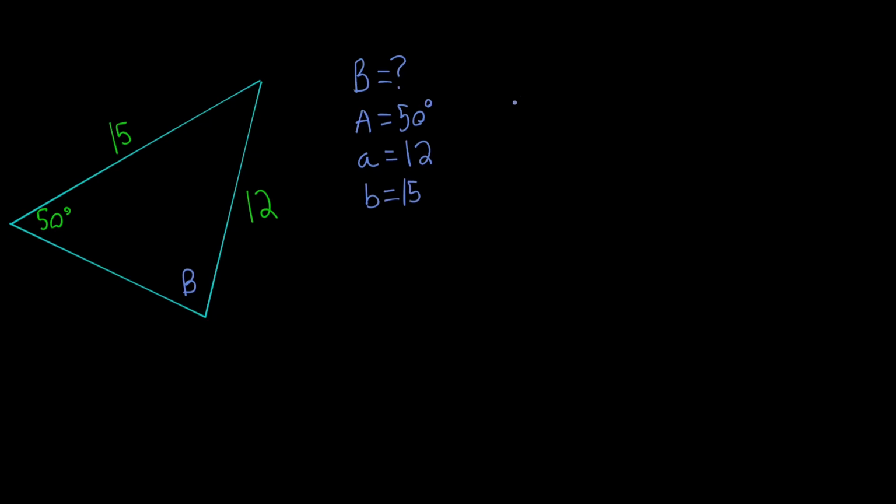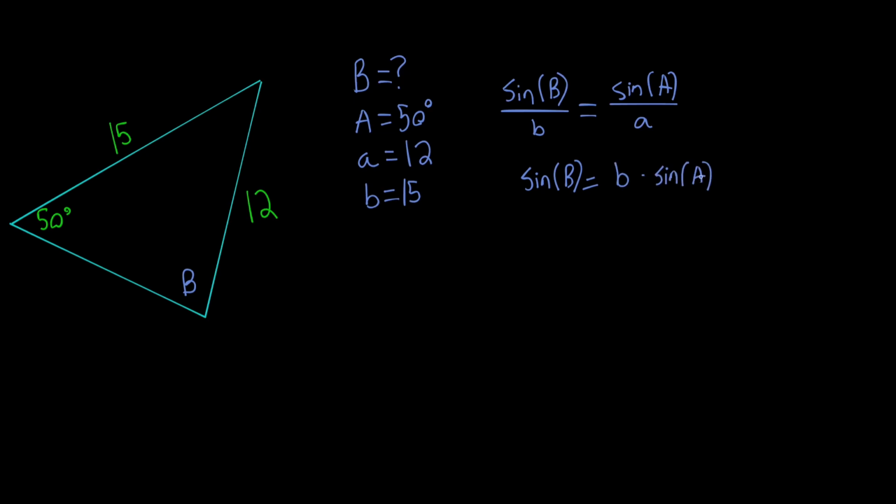We'll start by writing the expression out. We'll have that the sine of B divided by the side B is going to be the sine of A divided by the side A. Rearranging to isolate for B, we get that the sine of B is the side B times the sine of A divided by the side A. So we're going to plug everything in here.